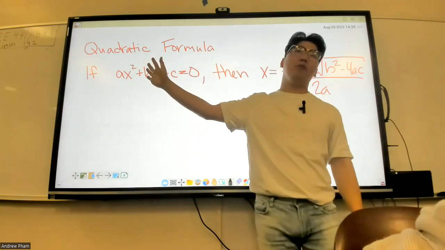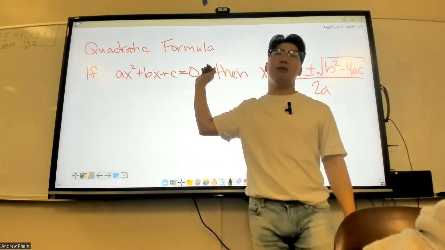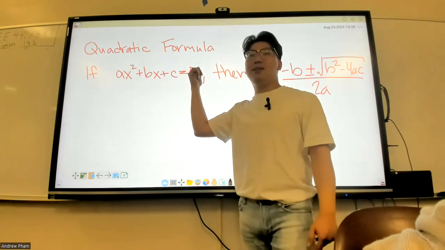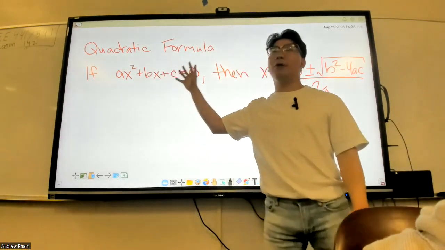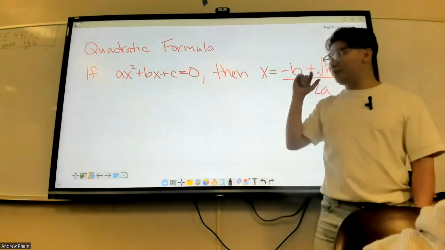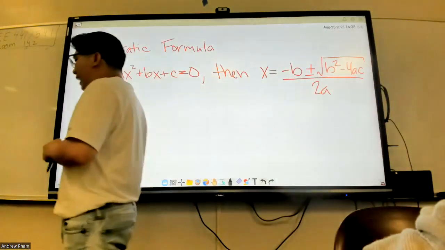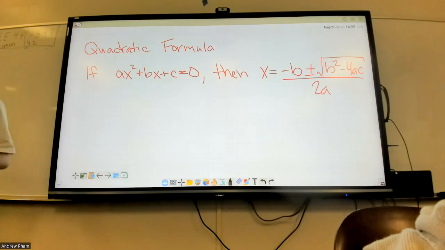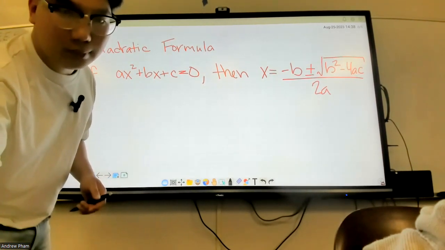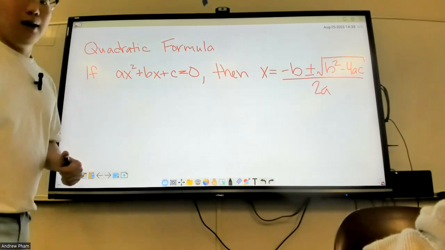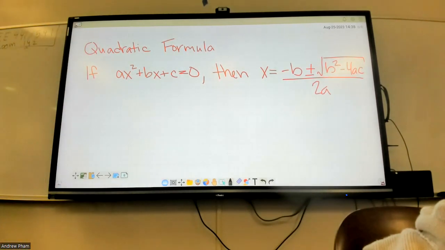You have to have everything on one side equal to 0. If there's like a 7 on the right here, then I have to move that 7 first before I even look at this part. So we have the quadratic formula.